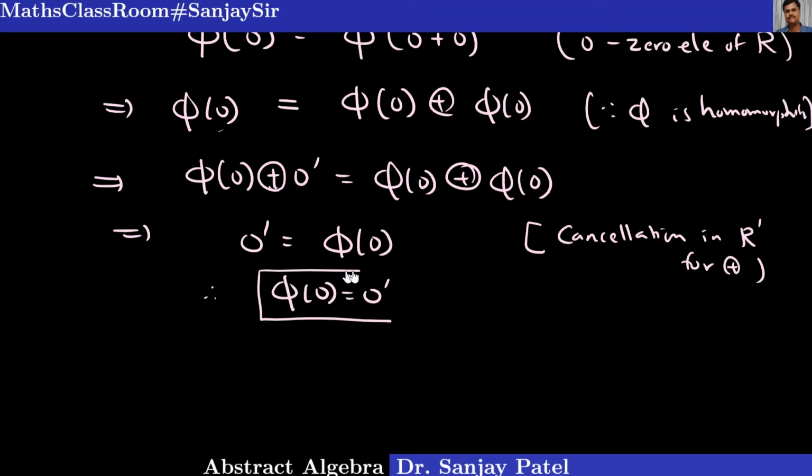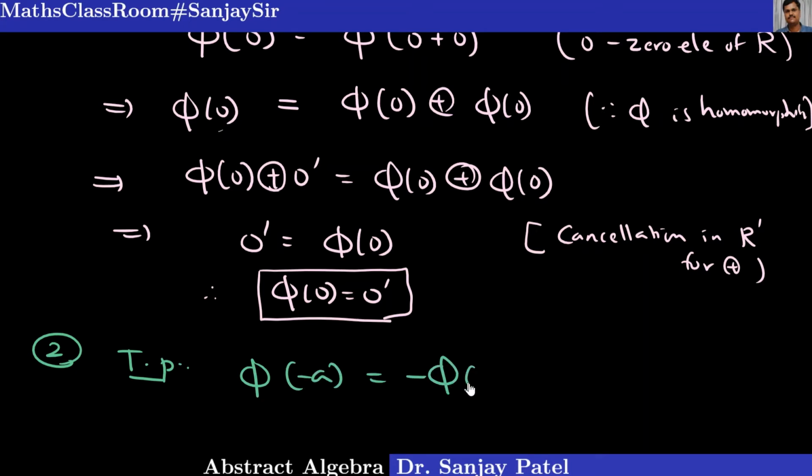Now the second result is about phi of minus a. You want to prove that phi of minus a is equal to minus of phi of a for every a belongs to R. So this is our aim.